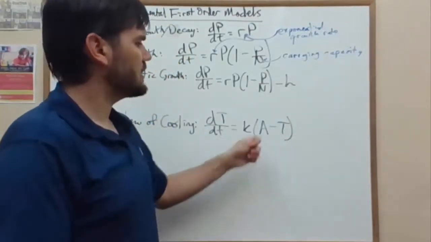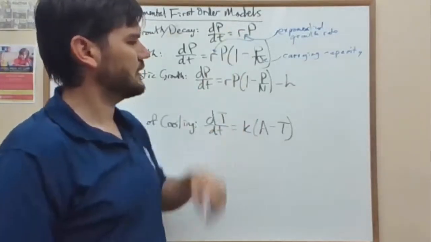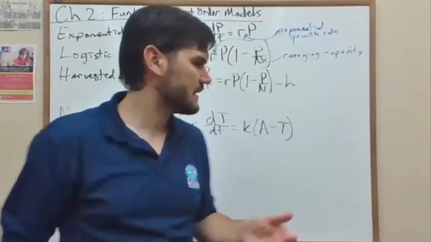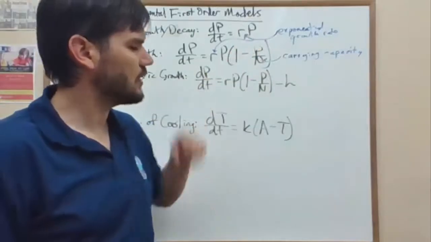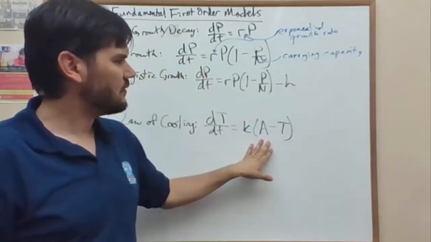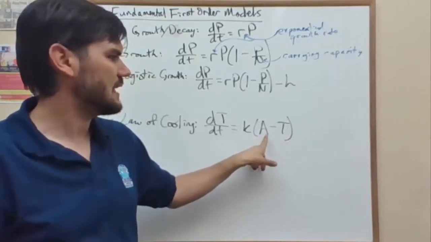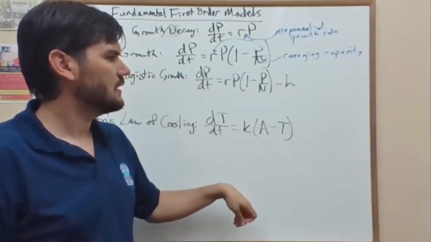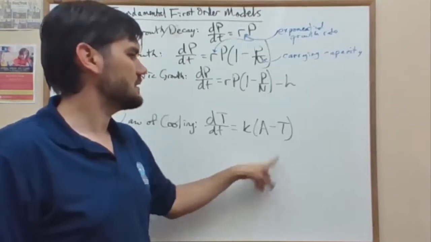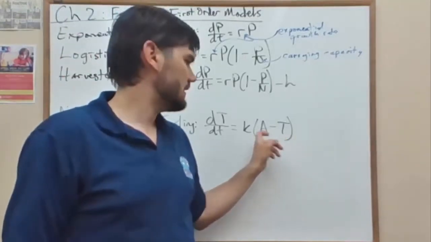Now, Newton's law of cooling is very similar mathematically to the exponential growth because it has a linear term, not a quadratic. It can be solved as separable because it's autonomous. This A and K are parameters. Or it can be solved as linear because this is just a linear multiple of T and this is a constant.